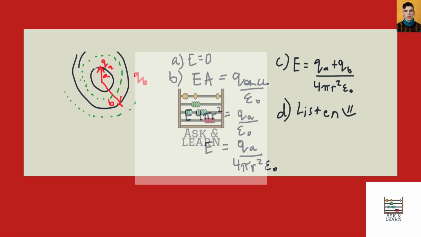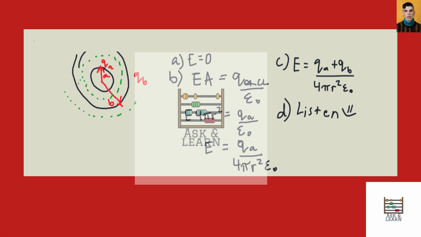First of all, for conductors, charges always go to the surface. So for this inner shell, QA is going to be on its surface, and then it's going to polarize the outer shell.